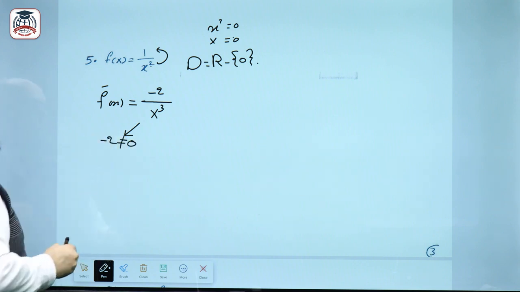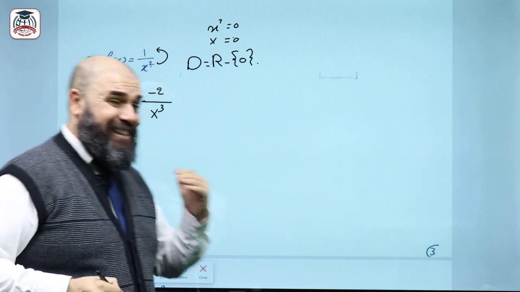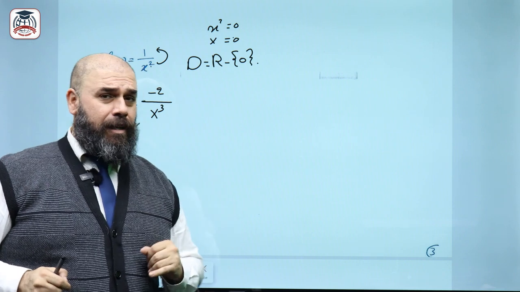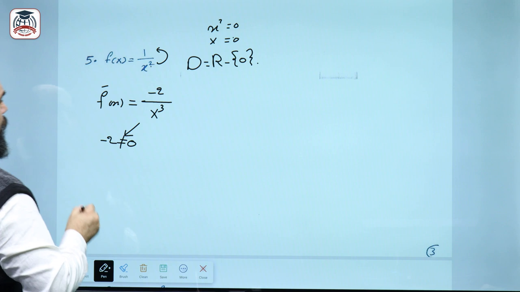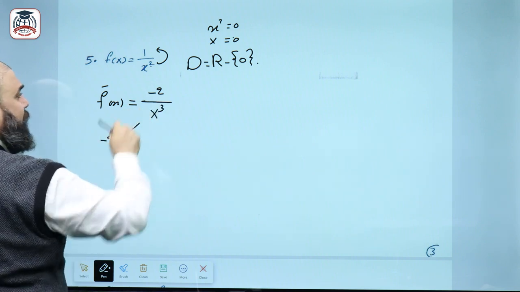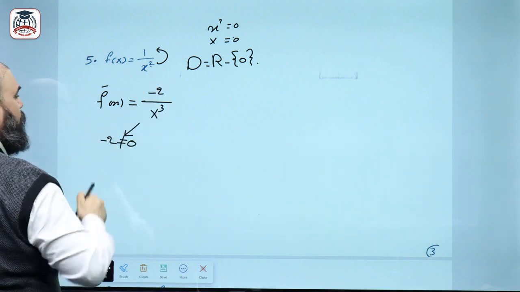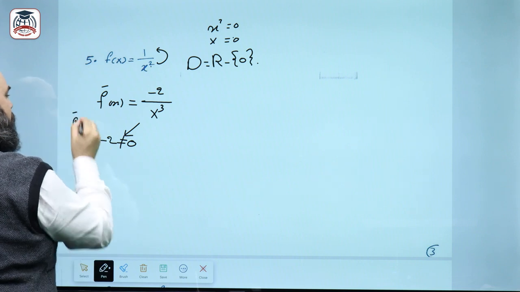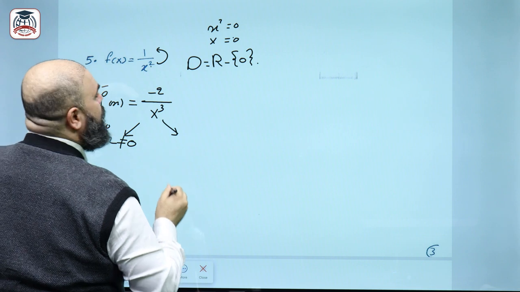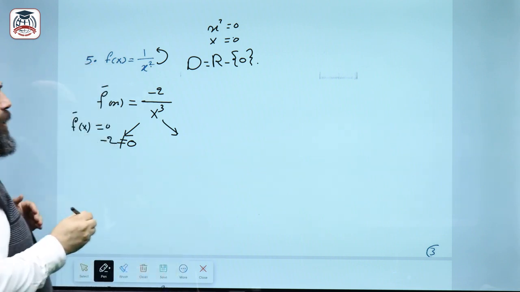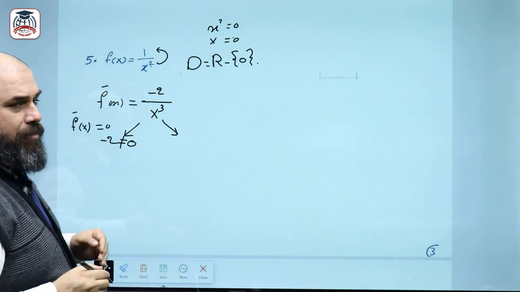Why, teacher, do you equalize the numerator to 0? Because when we equalize the numerator to 0, we want to find where f prime of x is 0, and in the denominator, we want to find which value makes f prime undefined.